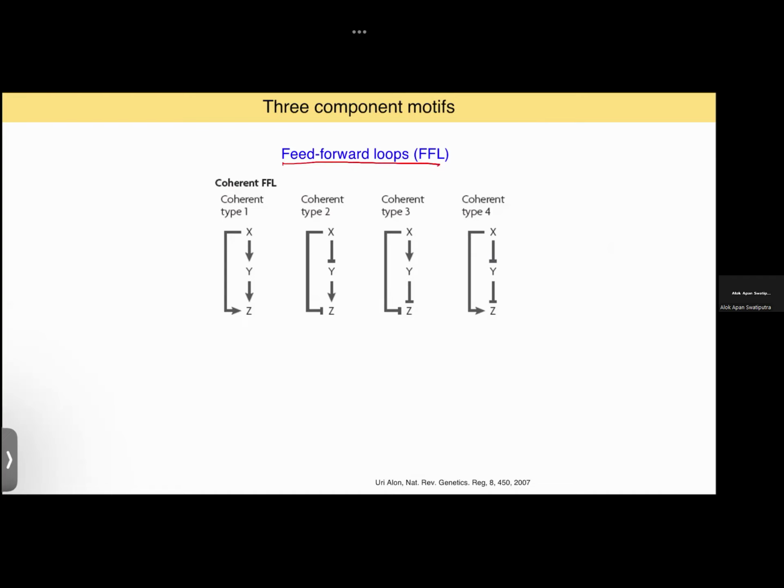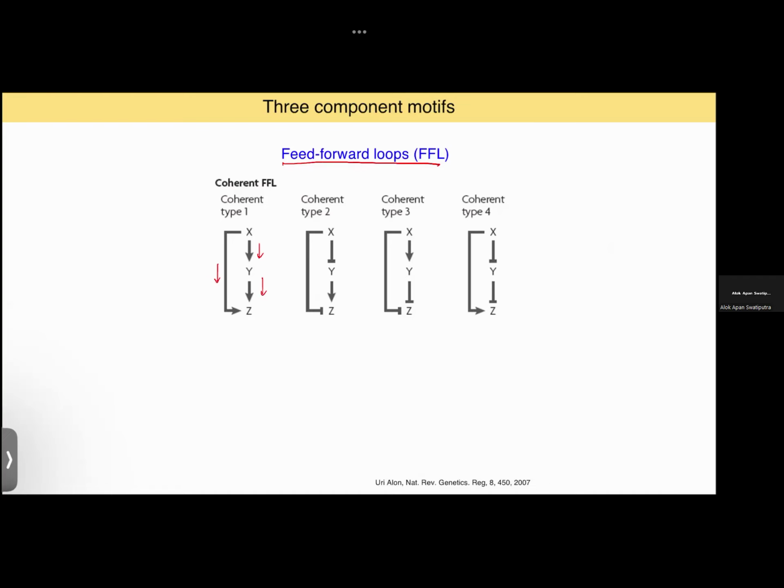You can either have coherent feed forward loops. So why is it called coherent feed forward loops? Look at this one. See, X increases Y and Y increases Z and X also increases Z. So X through both pathways coherently increases.